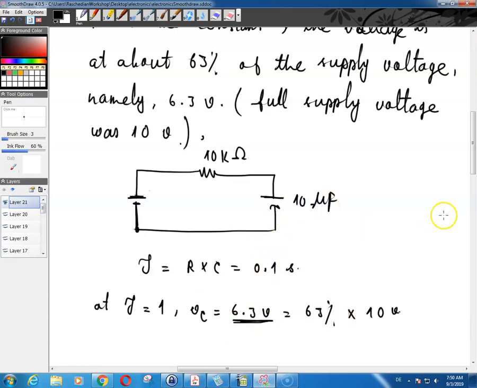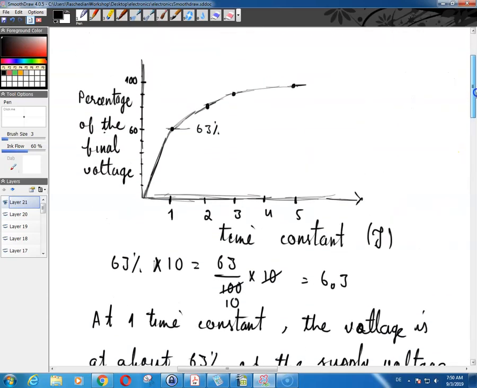And then based on this graph, you can calculate the rest of the way, meaning that, for example, at 2 time constants you're around 85%, at 3 around 95%, and at 5 time constants you're at 100%.